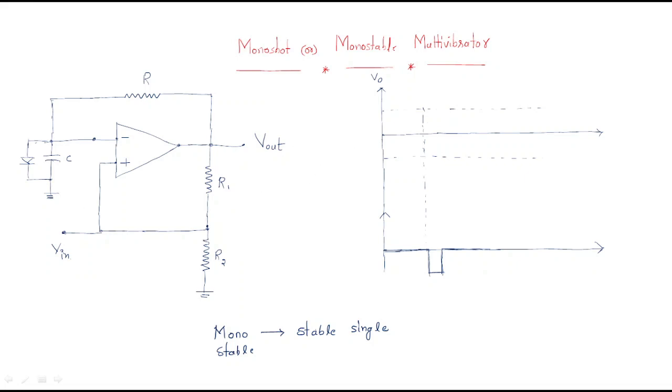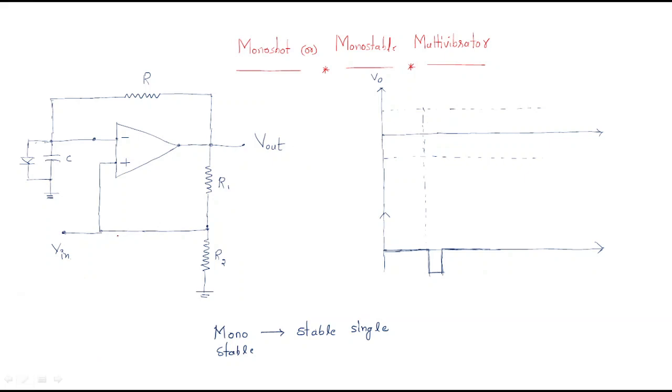So how does it work? We should look at here. If it produces some output, generally for the multivibrator the output is between the positive saturation and the negative saturation. So the output is like this.